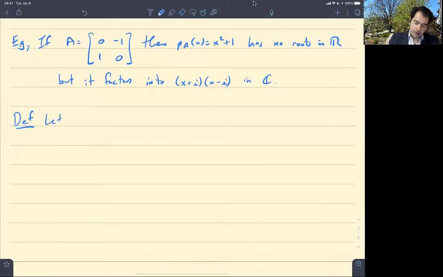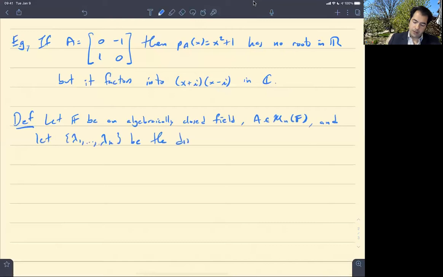Let F be an algebraically closed field, A an n by n matrix with coefficients in the field, and let lambda 1 through lambda k be the distinct eigenvalues of A.